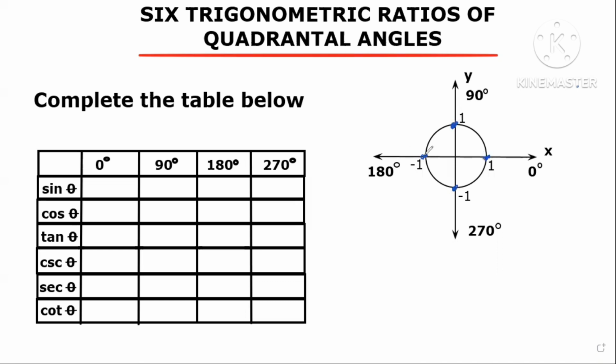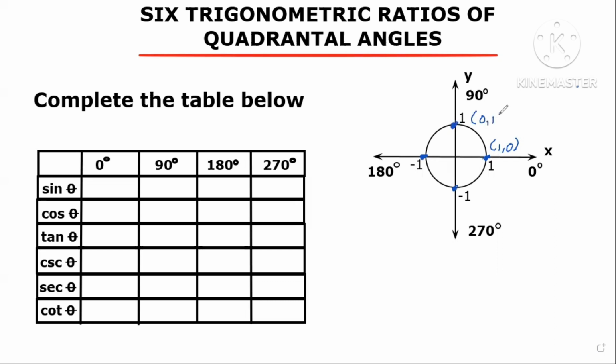Now, after getting these points, kukunin po natin yung coordinates niya, no? So, what are the coordinates of this point? Di ba, ito pong point na to ay 1, 0. Bakit po? Kasi 1 ang x natin dyan, 0 ang y, no? Dito naman, itong point na to, ang coordinates niya ay 0, 1.